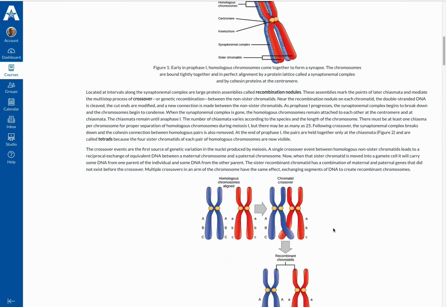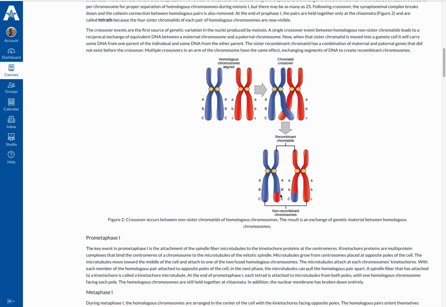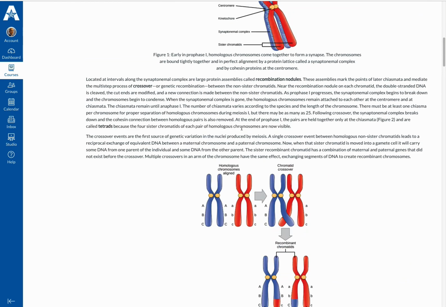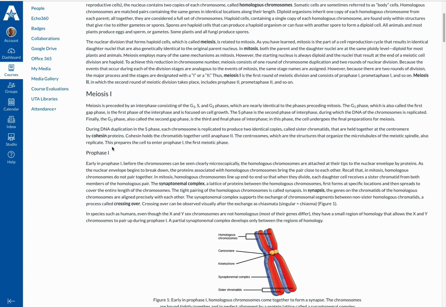This exchange of DNA information contributes to genetic diversity. Remember, this is all happening in meiosis 1's prophase.